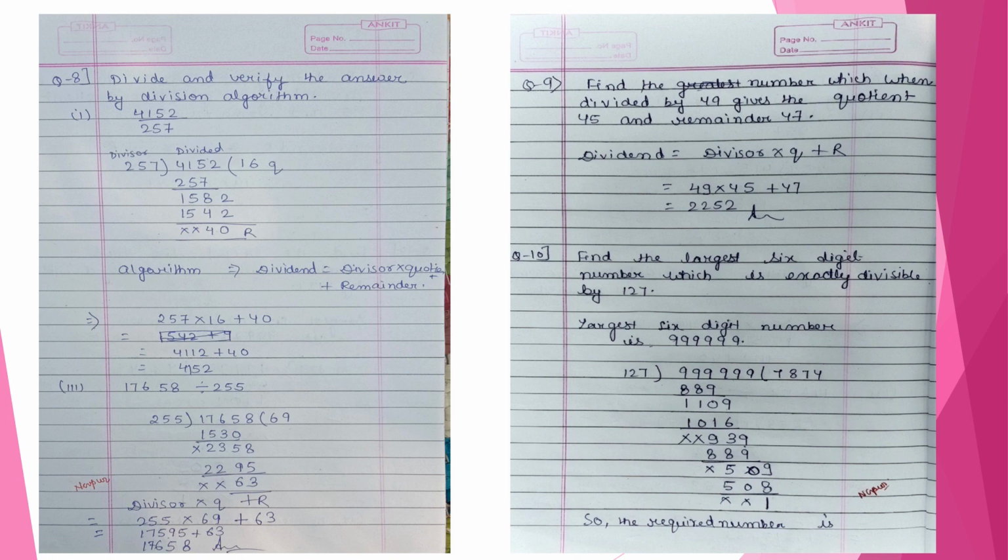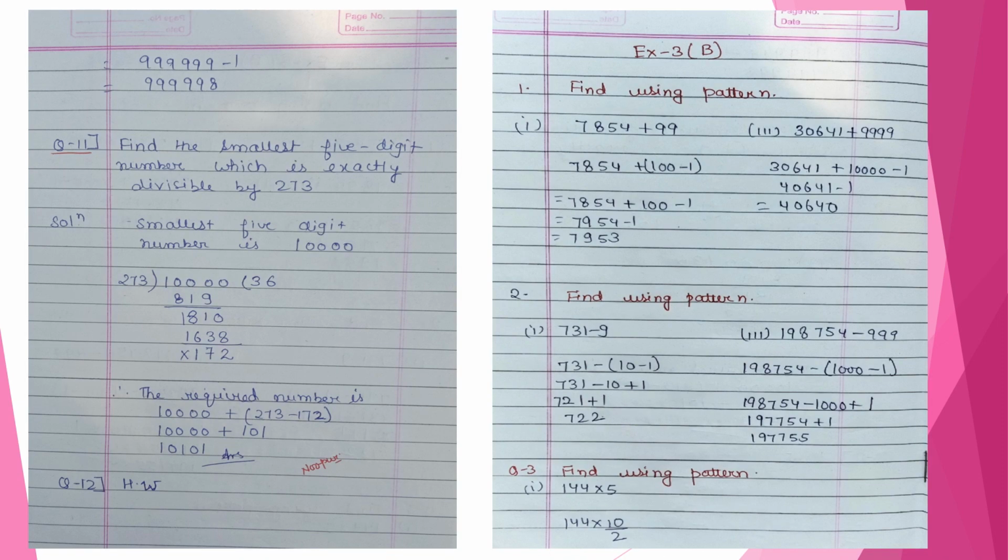So to get the required number, we have to subtract 1 from the largest 6-digit number. So as you can see here, I have only subtracted 1 from 999,999. So we are getting 999,998. So this is the largest 6-digit number which is exactly divisible by 127.